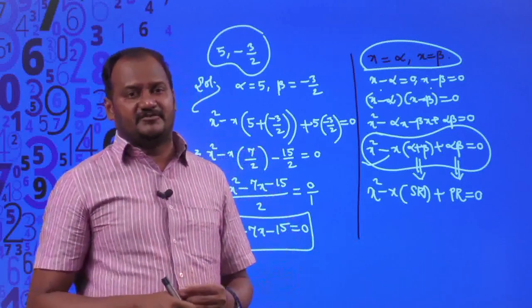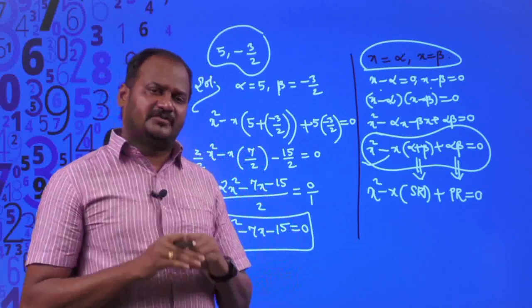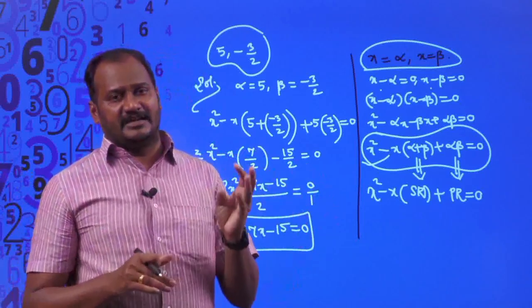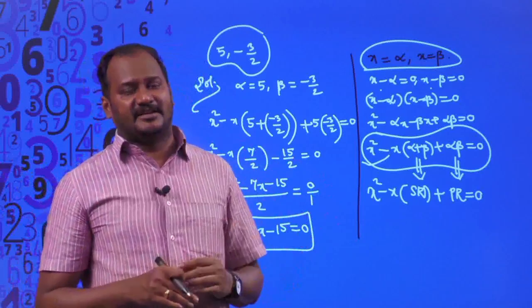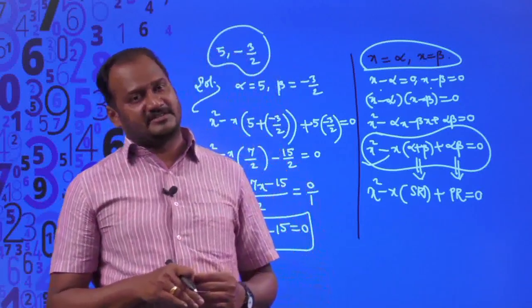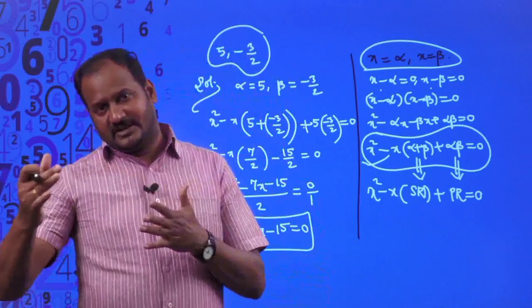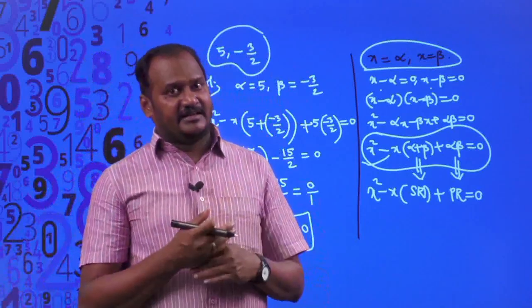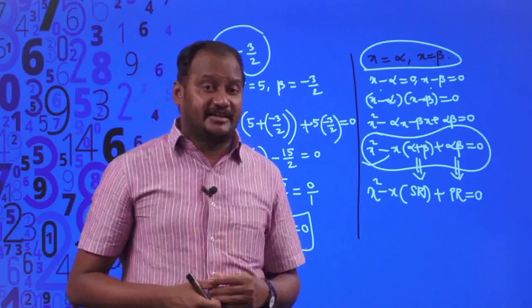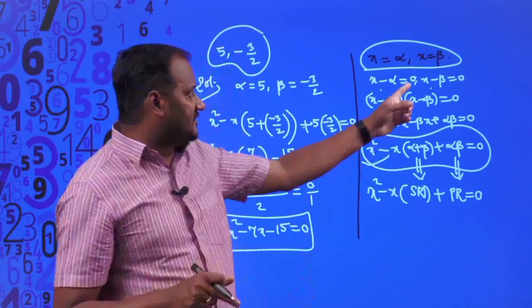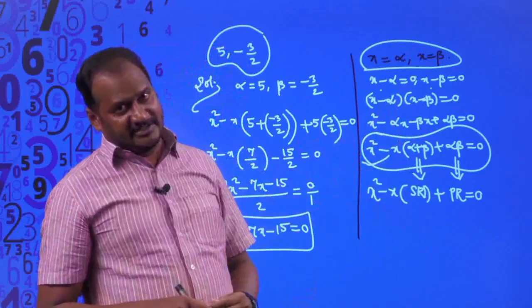By using that formula you can find the roots of any quadratic equation easily, just by identifying the values of a, b, c by comparing the given equation with the standard form ax square plus bx plus c. Now conversely, when the roots of a quadratic equation are given, how do we find that quadratic equation? This is the way of finding the quadratic equation.